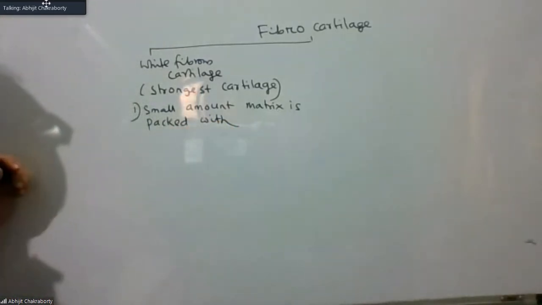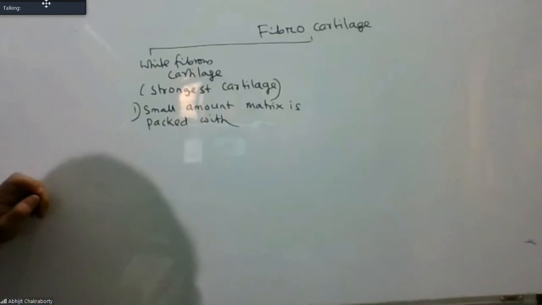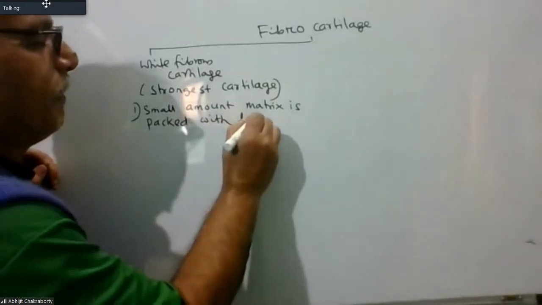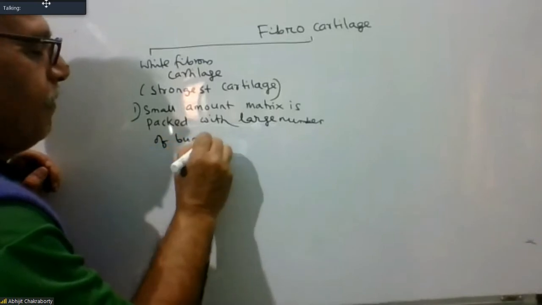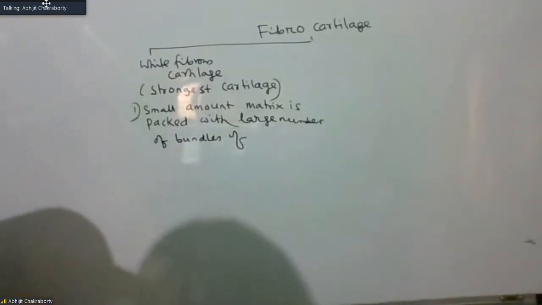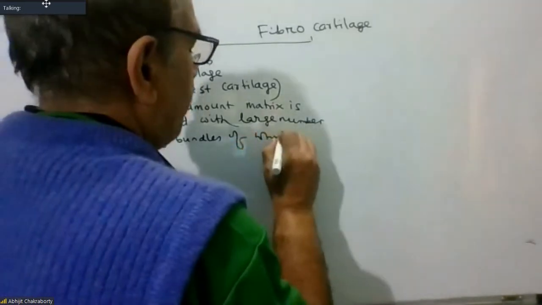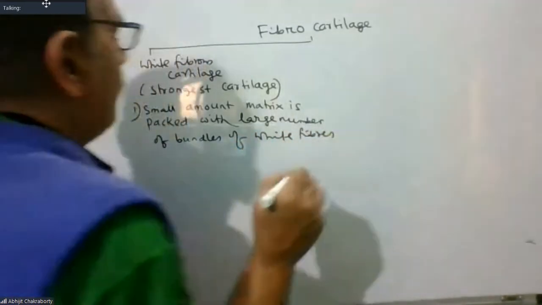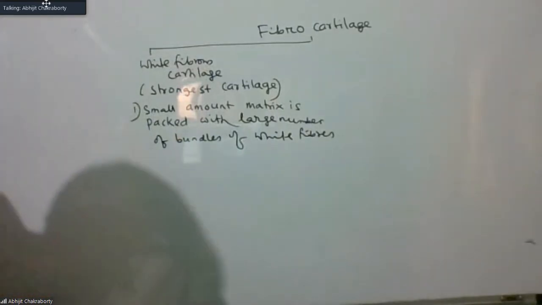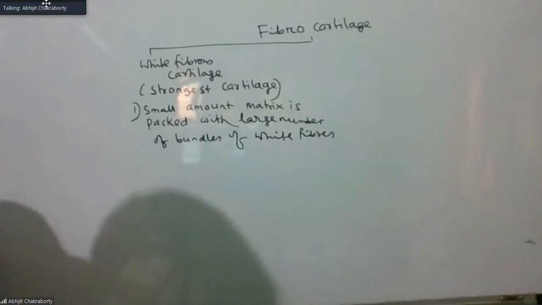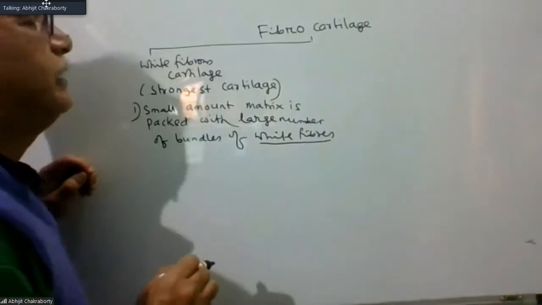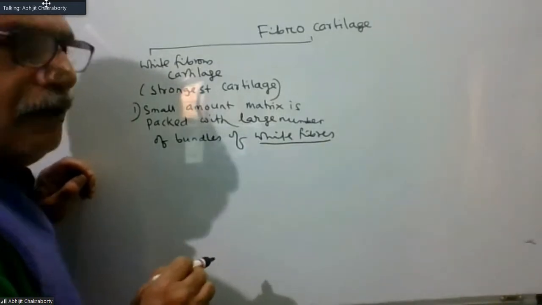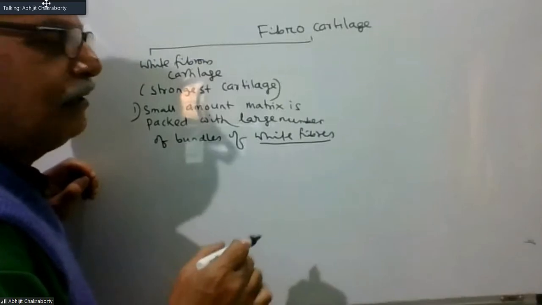Small amount of matrix is packed to it, with a large number of bundles of white fibers. The amount of matrix is very small here. Remember this. Hence it is tough. Due to the presence of a number of white fibers, this cartilage becomes very tough, and obviously comparatively less elastic.